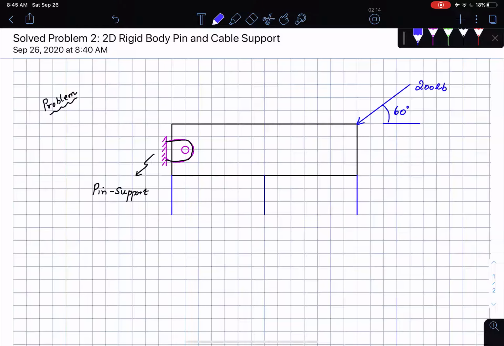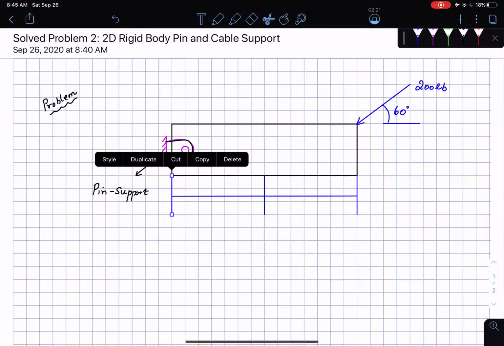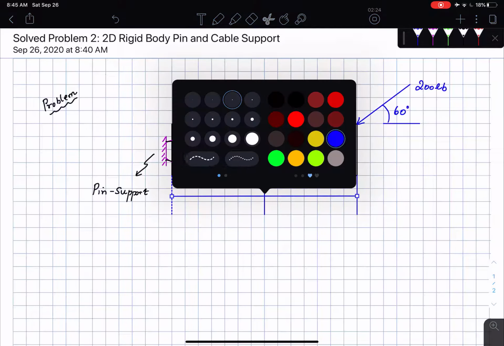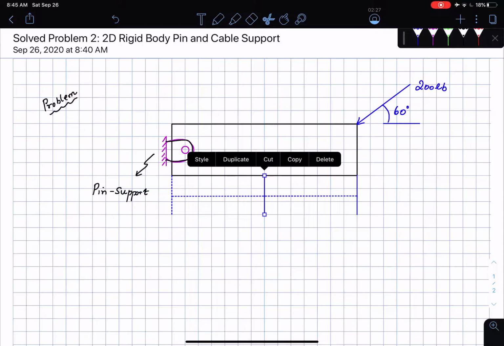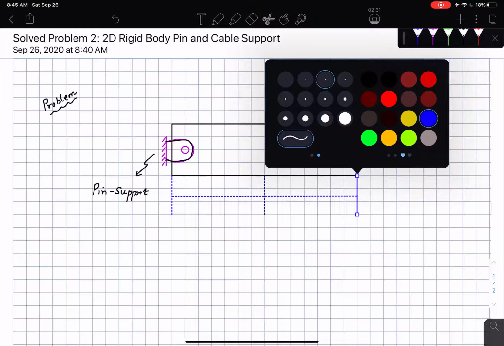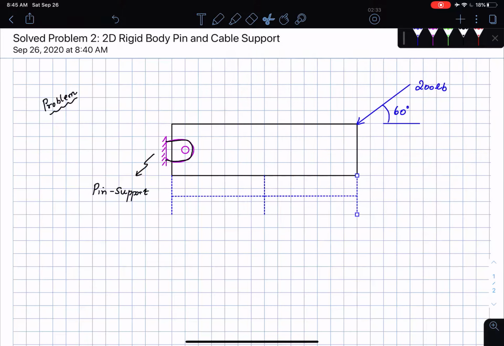Let me draw the dimensions out here, and we are going to draw these as dotted lines, as you know. Bear with me for a second. And the last one. Then these will be in the form of arrows.